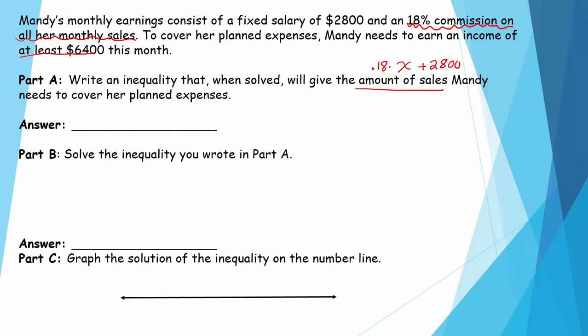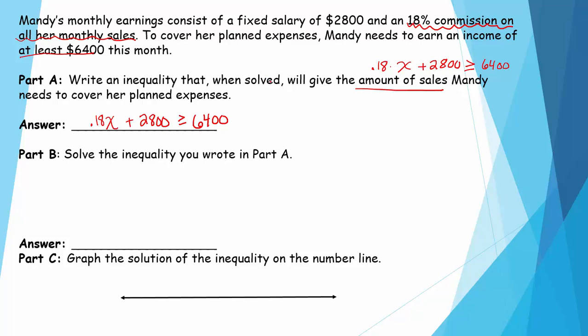We need to figure out how much she needs to make in sales so that her total income can be greater than or equal to $6,400. So that's our inequality statement: 0.18x plus 2,800 is greater than or equal to 6,400.